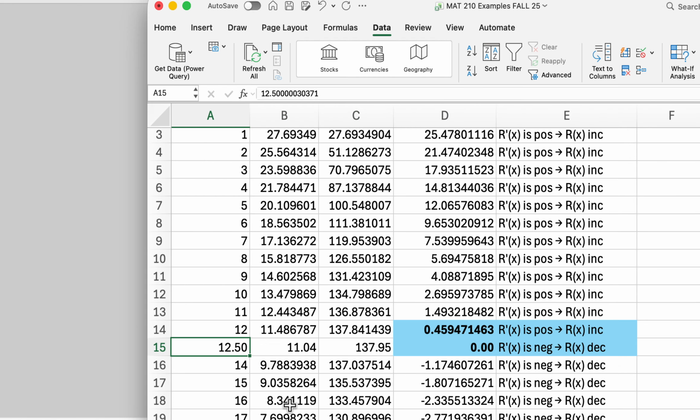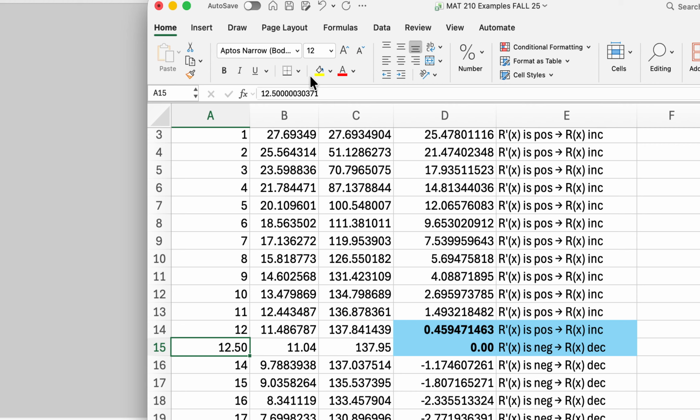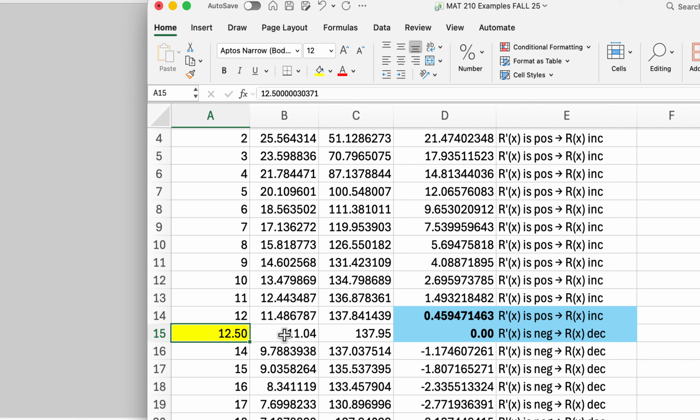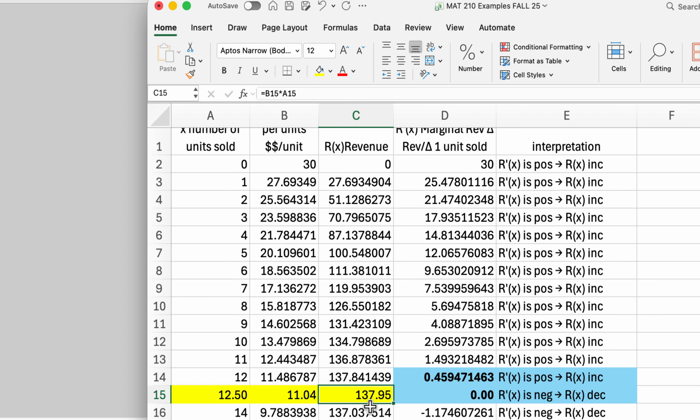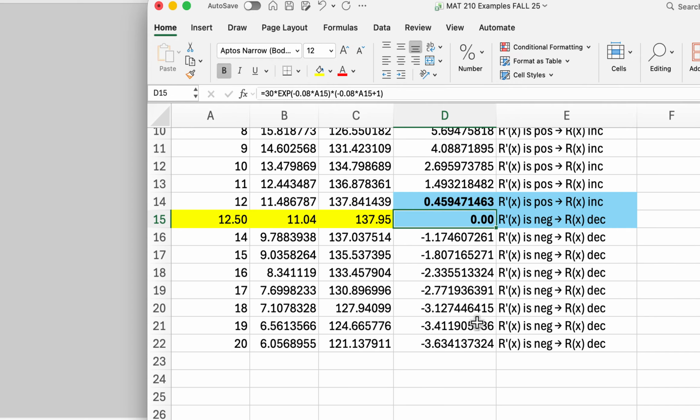And I can see here, when I sell 12.5 items at a price of $11.04, I'm going to maximize my revenue to $137.95, and I have found my maximum here.